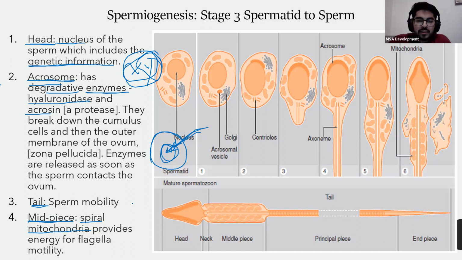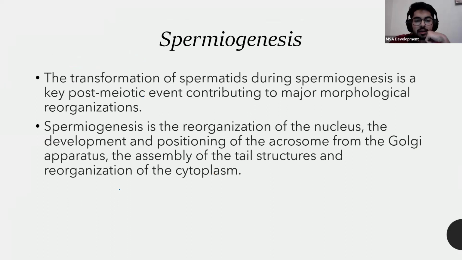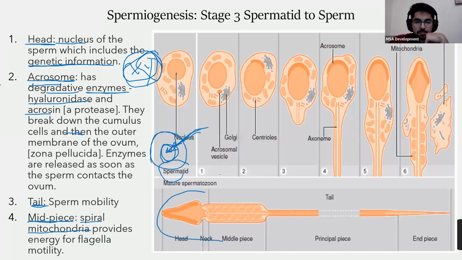So as you can see here, during the process of spermiogenesis, the spermatids undergo all these modifications to look like this sperm. But one very important modification that we have to know is the reorganization of the cytoplasm. You have an excess of cytoplasm in the spermatid, and during spermiogenesis, the cell is going to shed off this excess cytoplasm.